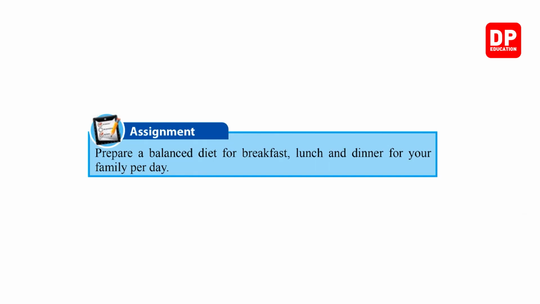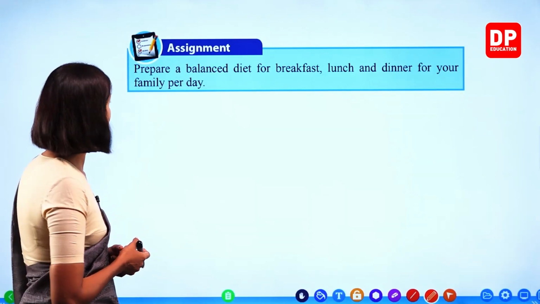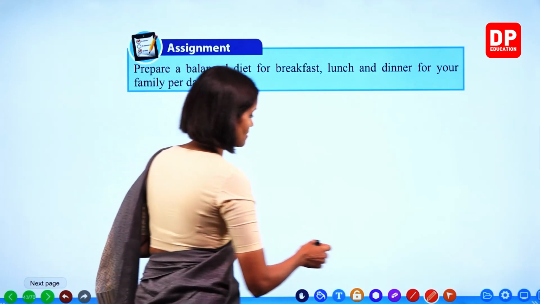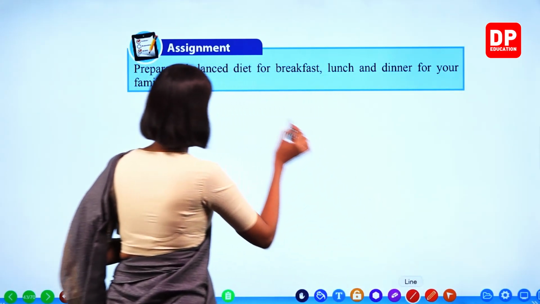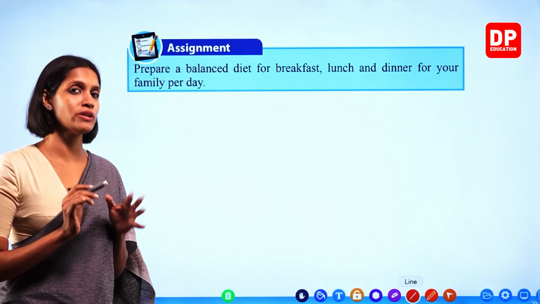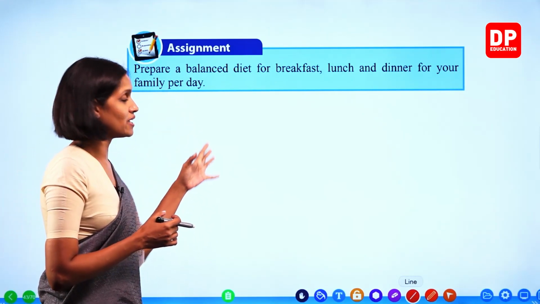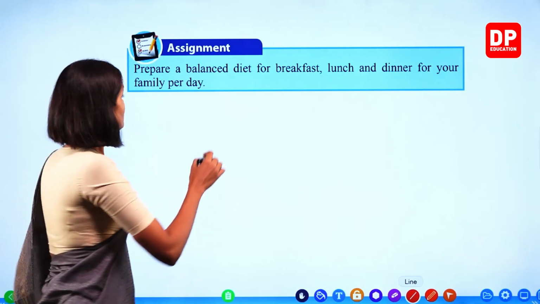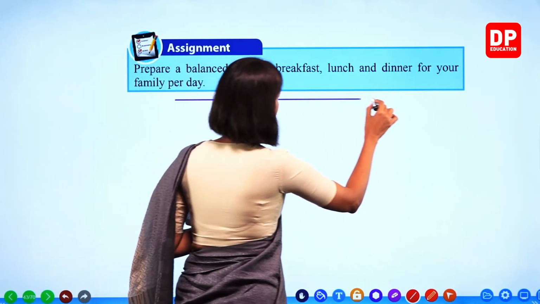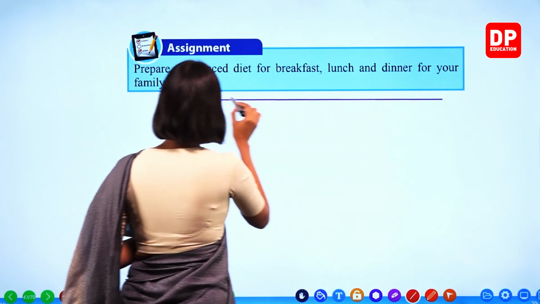So the assignment: prepare a balanced diet for breakfast, lunch and dinner for your family for a day. Right. So we will write a menu now. You can all write your own menus here. I will show you how to make menus out of this, right? This is only an example.